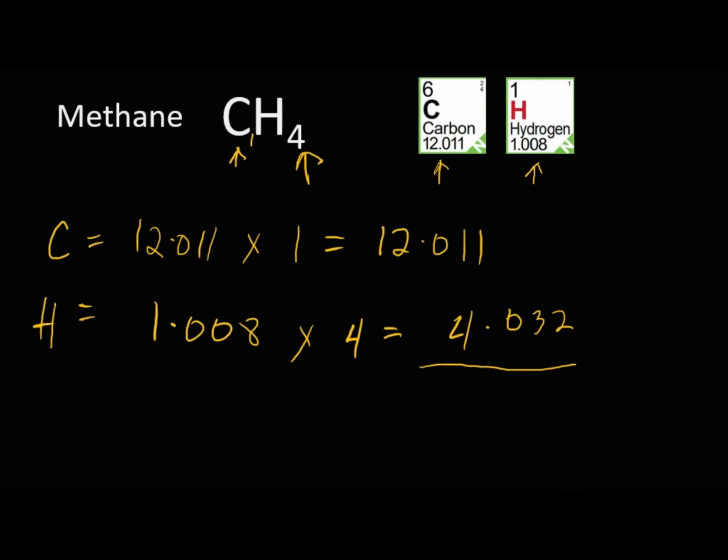And then all we have to do is take the sum of these two. That will give us 16.043 grams per mole. So this is the molar mass of methane.